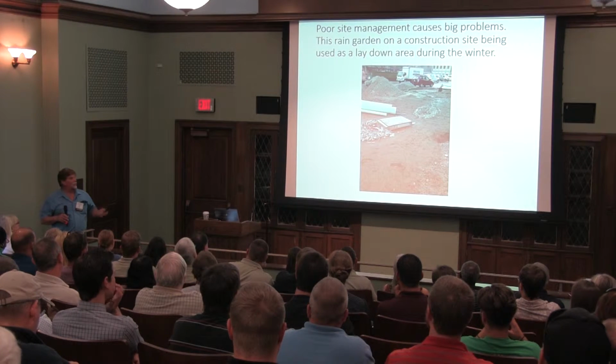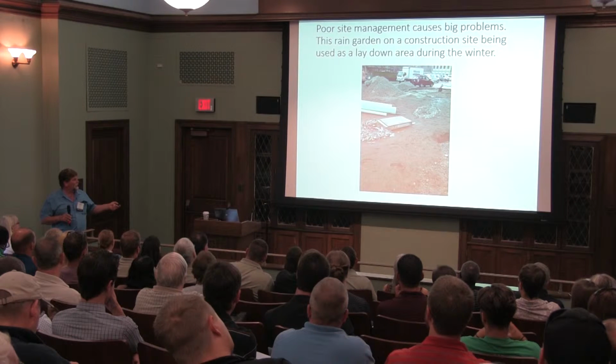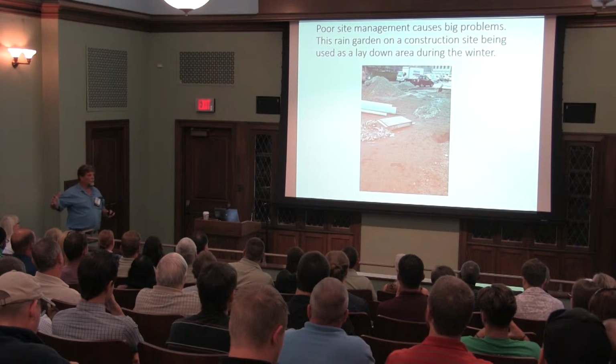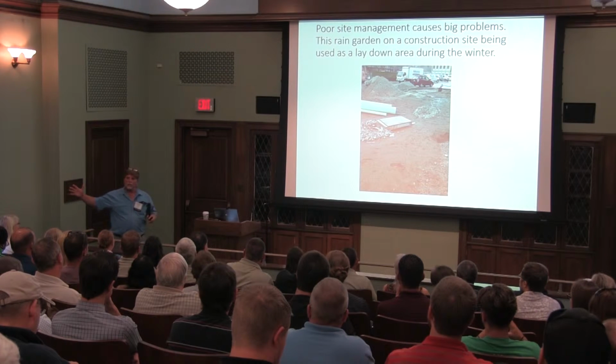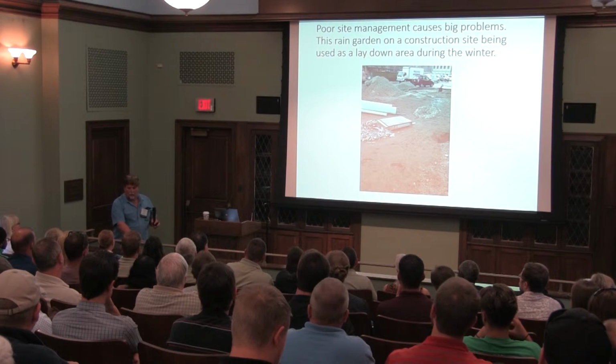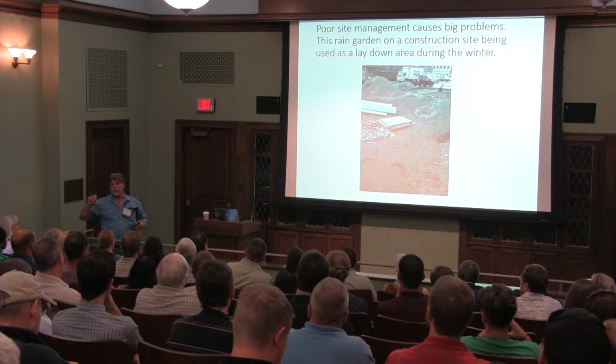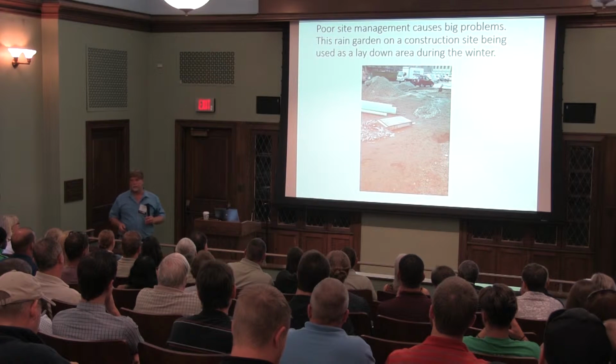Because you need to keep this soil clean, because it will lens. It will take silt over the top of that rain garden soil. It will form a lens that will keep water from percolating, especially in a heavy clay site.